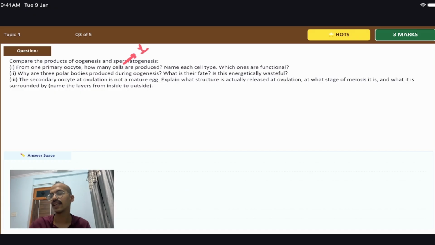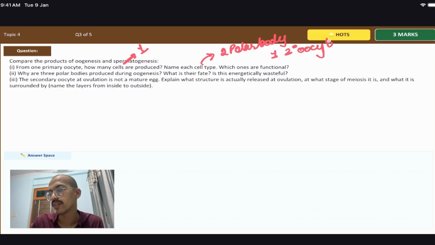So basically they are telling that there will be 2 polar bodies and 1 secondary oocyte that will be formed, not ovum. Okay, why are 3 polar bodies produced during oogenesis? What is their fate?